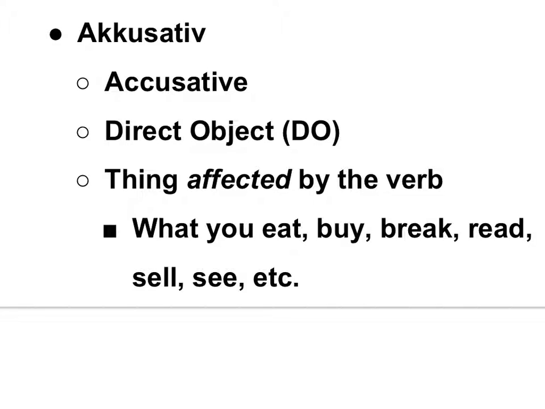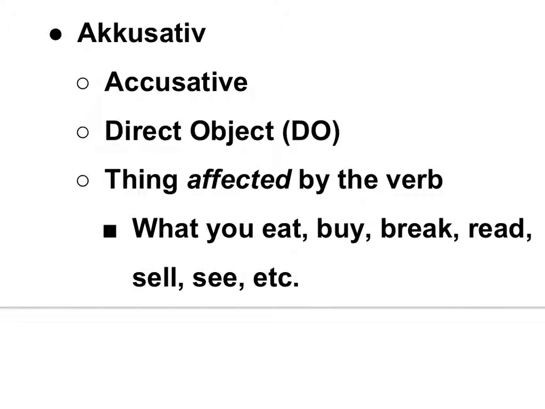So if you eat something, whatever you eat is the direct object. If you buy something, whatever it is you buy is the direct object. If you break something, if you read something, if you sell something, if you see something, if you hit something, if you take something, all of those things, they're directly affected by the action. Those are the direct objects.